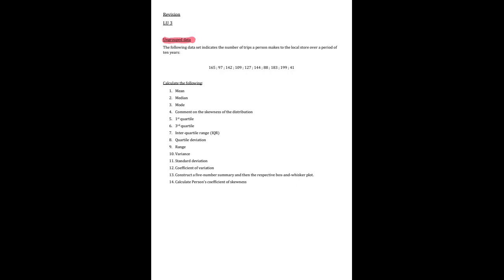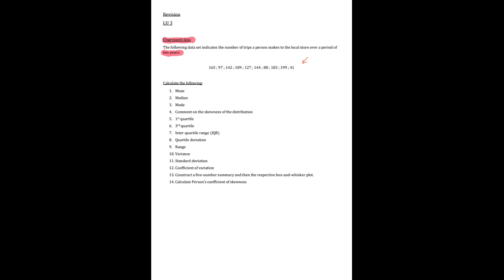So this is your ungrouped data. And here it says to you that the following data set indicates the number of trips that a person makes to the local store over a period of 10 years. So that's quite important, that opening statement, because they say to you here that it's over a period of 10 years, which means that you have 10 numbers given to you in this data set, and that makes your sample size equal to 10.